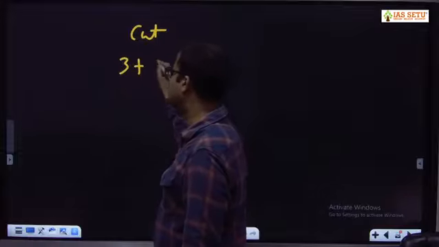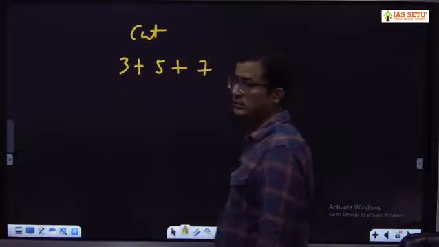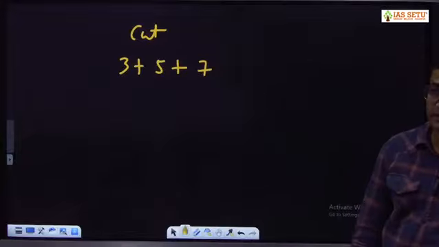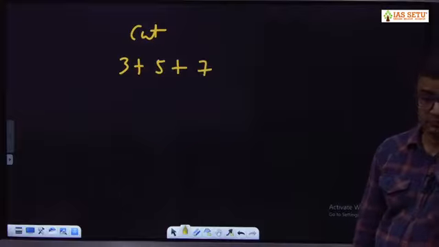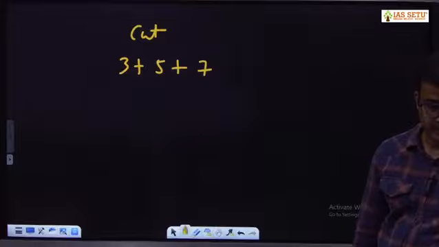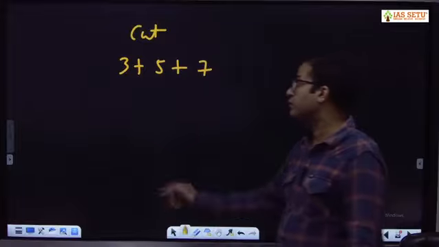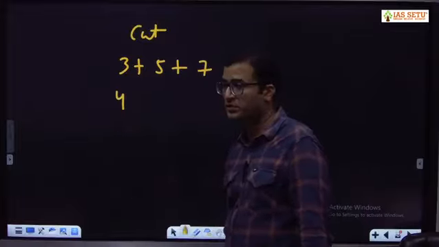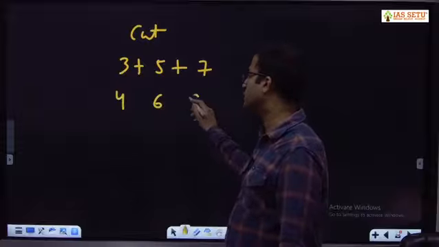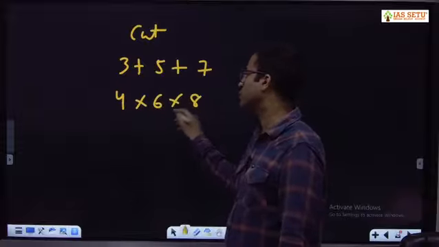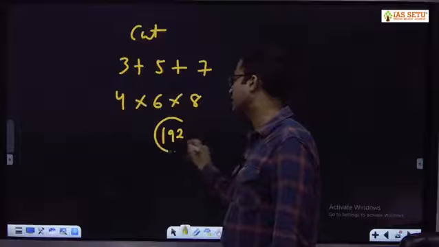3 cut on X, 5 cut on Y, 7 cut on Z. How many pieces? Three cut gives you 4 pieces, 5 cut gives you 6 pieces, 7 cut gives you 8 pieces. So it is 24 into 8, 192.